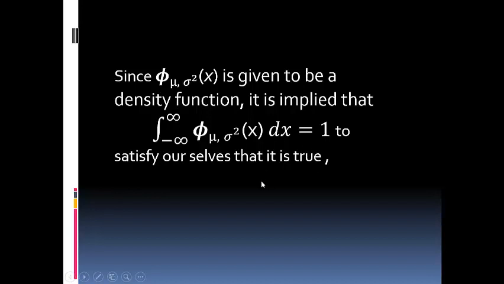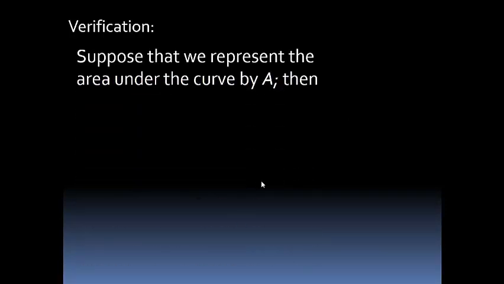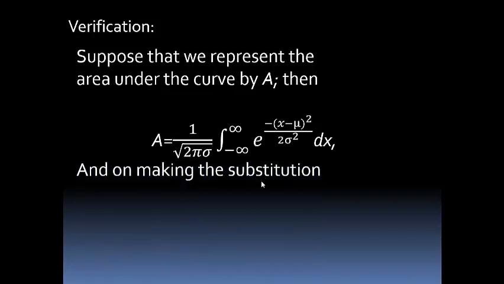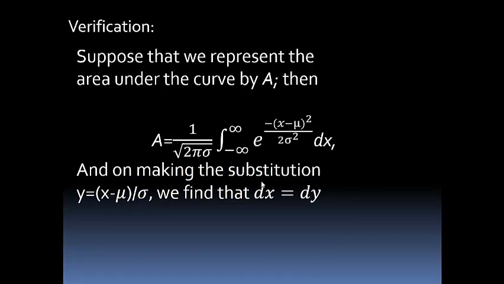To satisfy ourselves that it is true, we have here the verification. Suppose that we represent the area under the curve by A. Then A equals 1 over the square root of 2 pi sigma times the integral of e to the power of negative quantity of x minus mu squared over 2 sigma squared dx. On making the substitution, we let y equal x minus mu over sigma, and we find that dx is equal to dy.